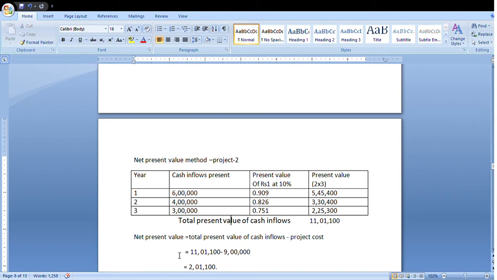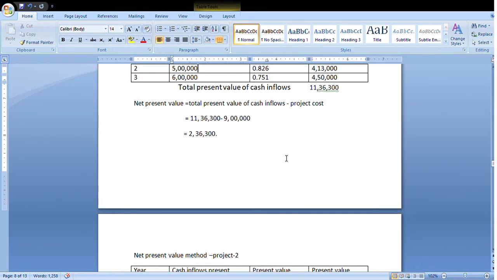Next, we apply the net present value. Net present value is equal to total present value of cash inflows minus project cost. You already calculated the total present value of cash inflows. Next, project cost or investment. It is given in the problem as 9 lakhs.